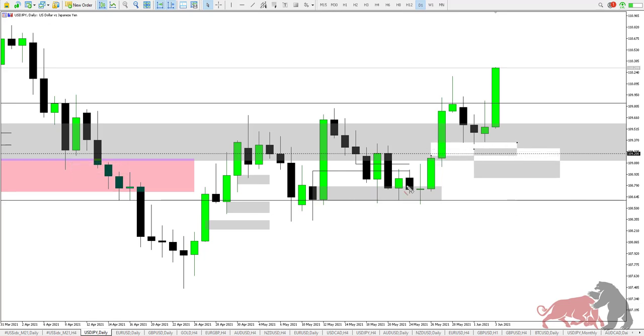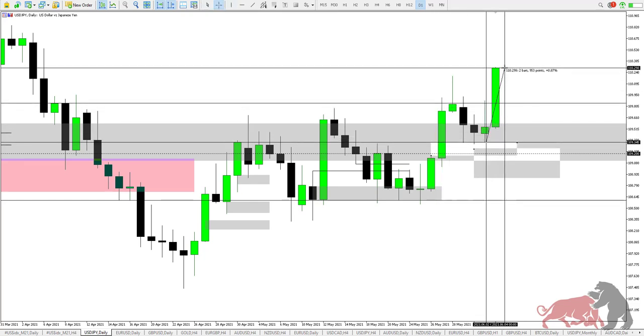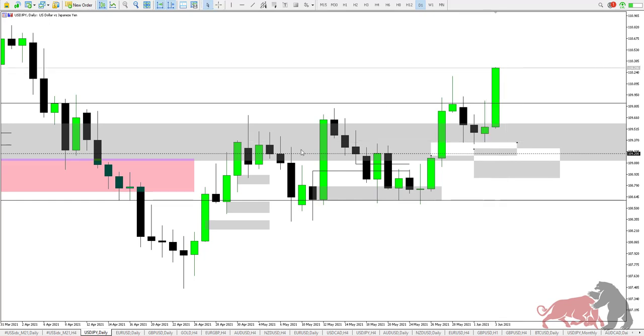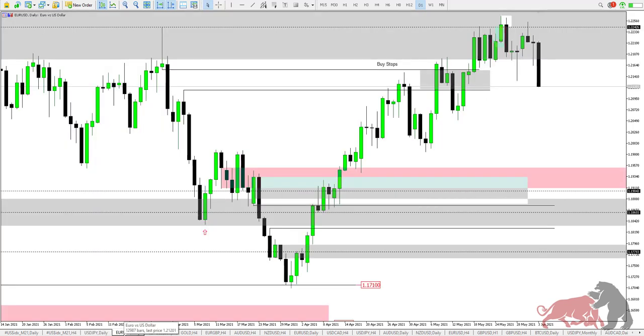Price did trade into the fair value gap and then found support right here. The rest is history. We had a very nice trade on USDJPY here. This is USDJPY, guys, not pound. The yen found support inside the fair value gap and nicely took off to the upside for a reward of about 90 so pips.